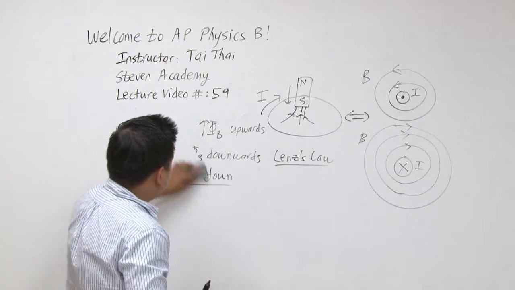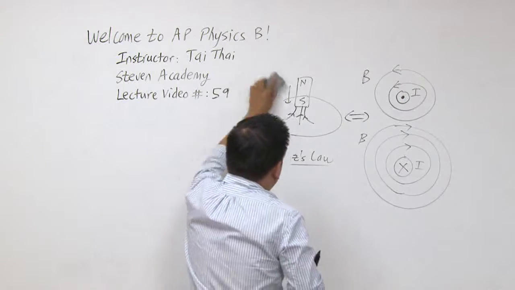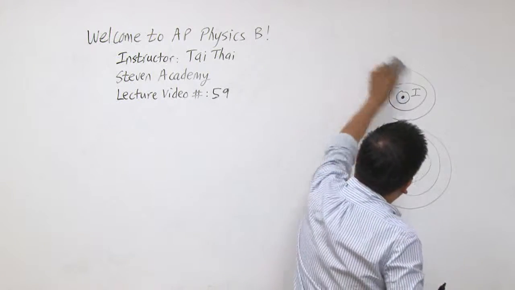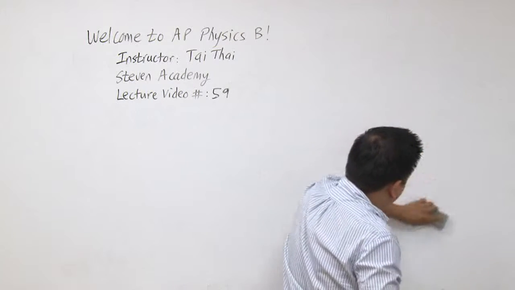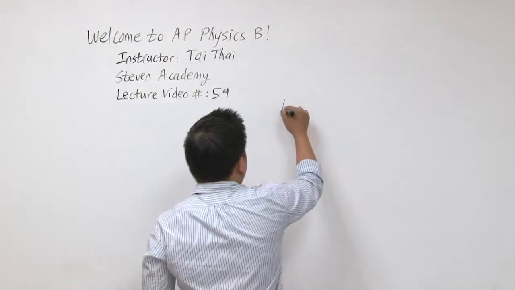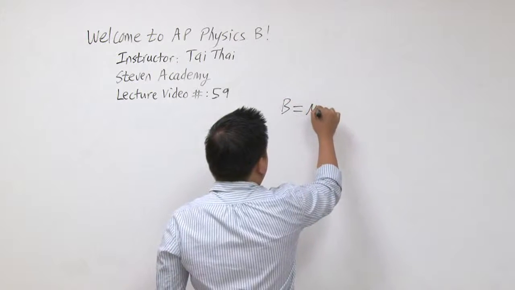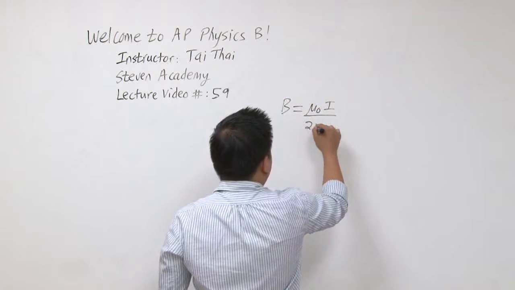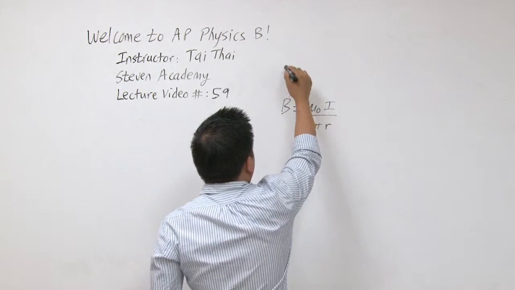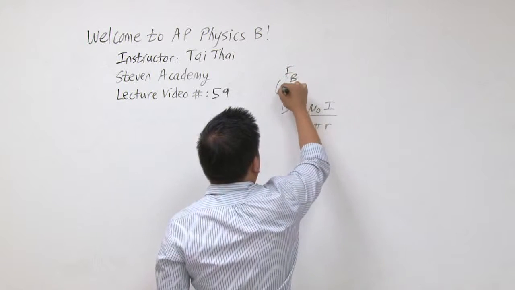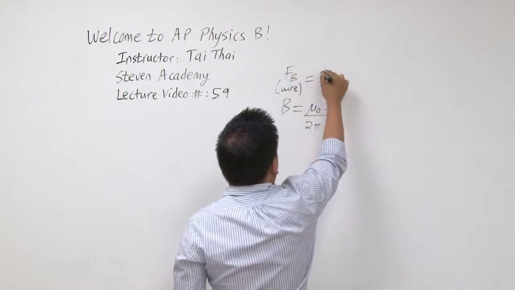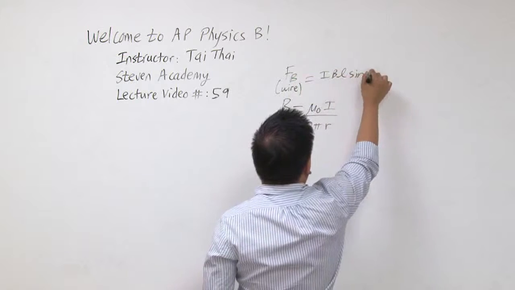All right, and then there were some equations that dealt with the magnetic flux. You had to remember that. For example, for the current producing the magnetic field, B is equal to what? Mu naught I over 2 pi R, and you do know that F_B on the wire is I B L sine theta.